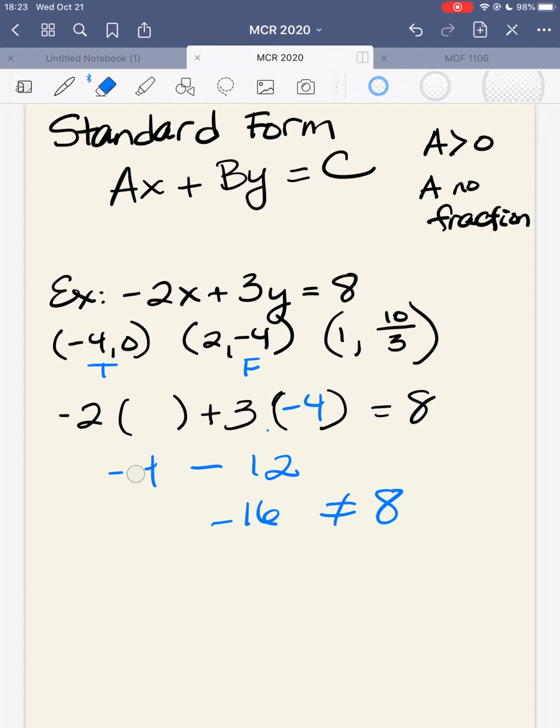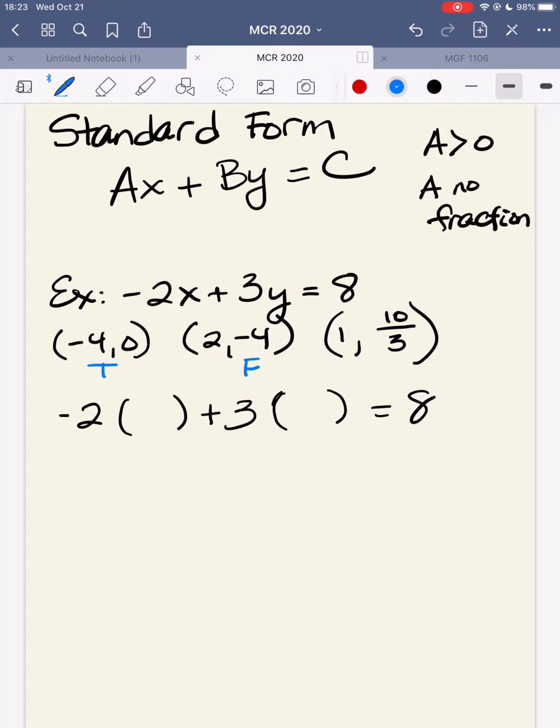All right, let's go ahead and look at the last one. Now, the last one might scare some of you because it's a fraction. But let's go ahead and look at this. So in this case, x is 1, y is 10/3. And I'm just going to go ahead and plug that in. Now I'm going to do something a little bit different with this one.